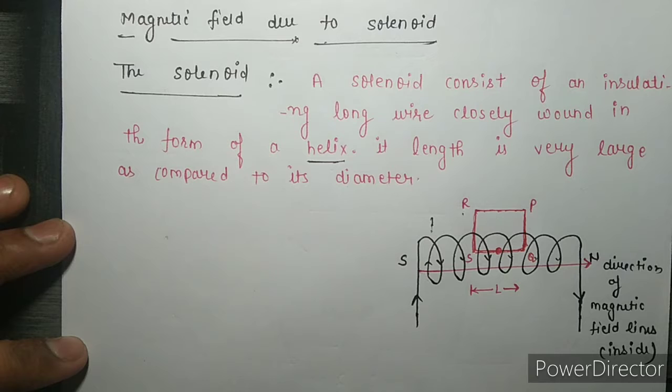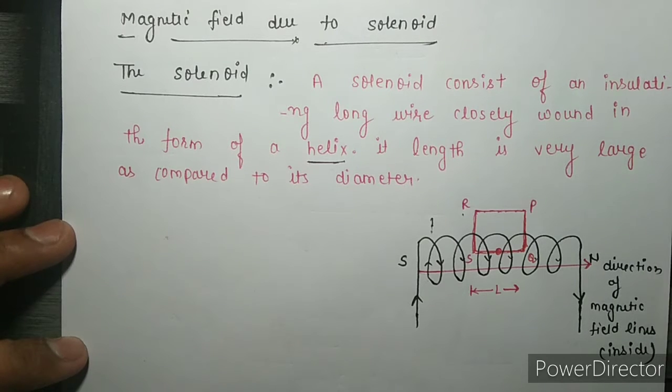That's why outside the solenoid the magnetic field is zero or very weak, and we ignore this small magnitude.